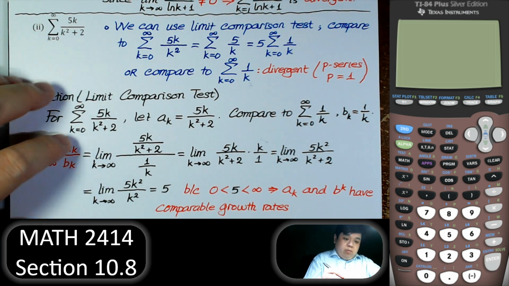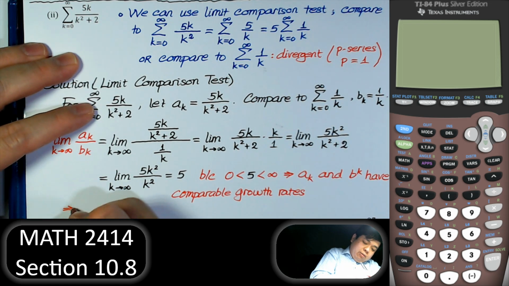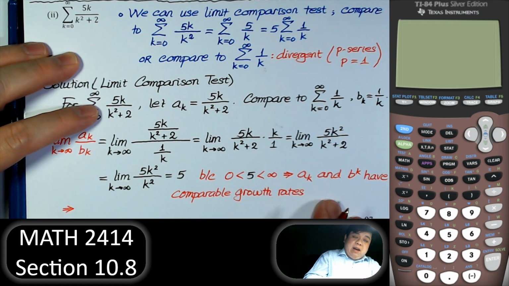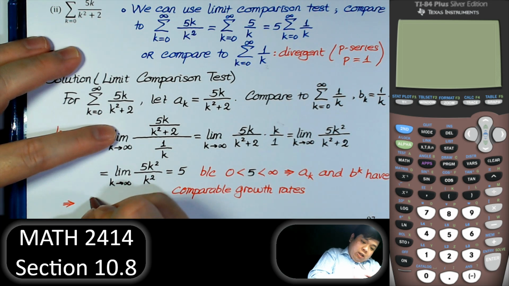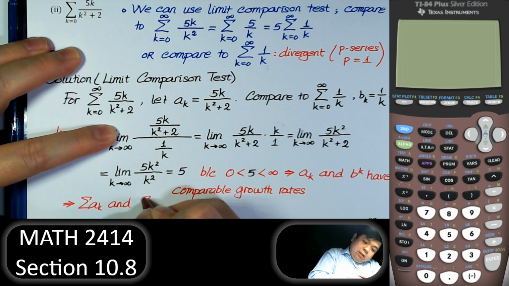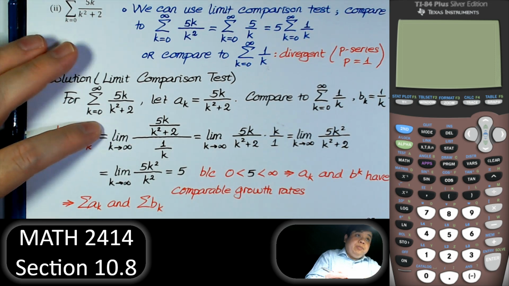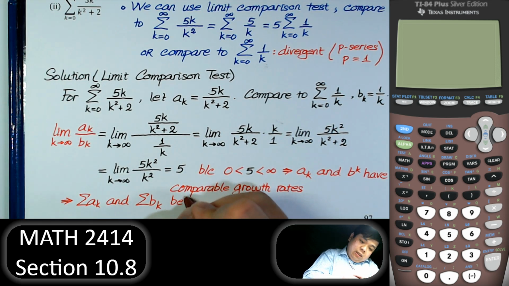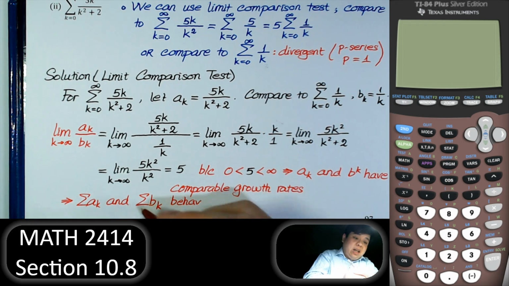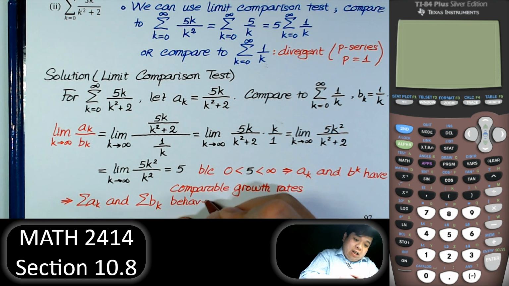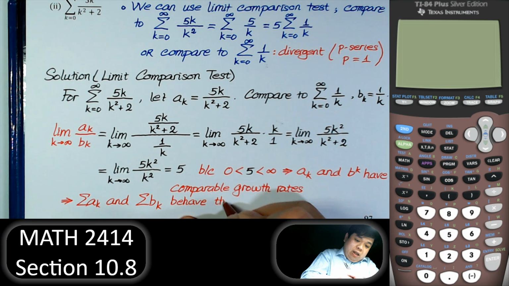All the series behave the same. So when we have that, they have comparable growth rate, or we say a of k and b of k behave the same. I did not say the sums are equal. I said they behave the same, meaning both will converge or both will diverge.